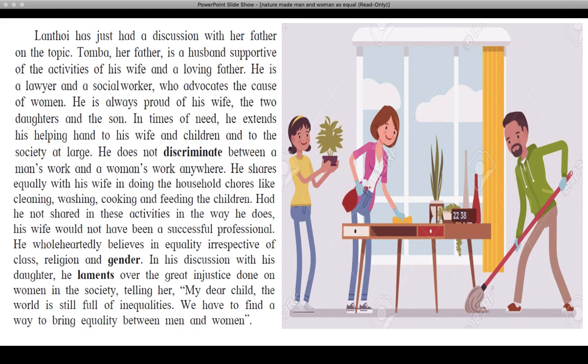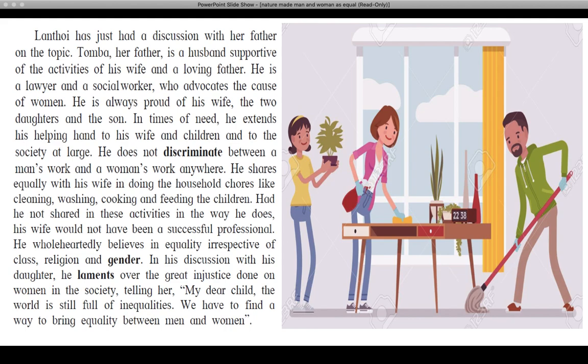And he says the world is full of inequalities. We have to find a way to bring equality between men and women. Although we say that men and women are equal, but in reality, when we see in society, it is not so. Women are always considered as secondary or lower status given to them as compared to men.